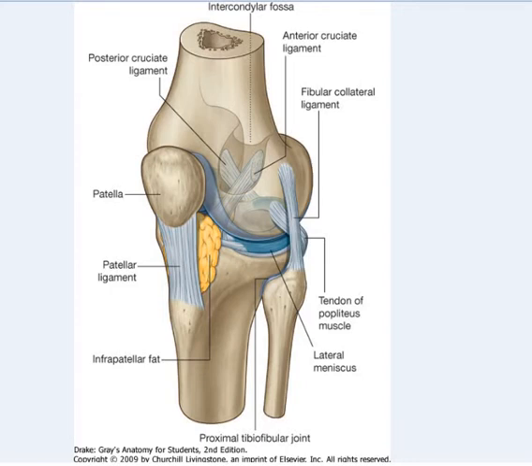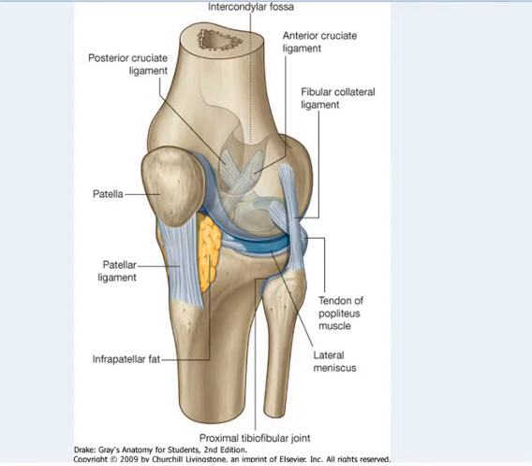This knee joint is formed by the articulation of three bones: the femur, the bone of the thigh, the tibia, one of the bones of the leg region, and the third bone is the patella.